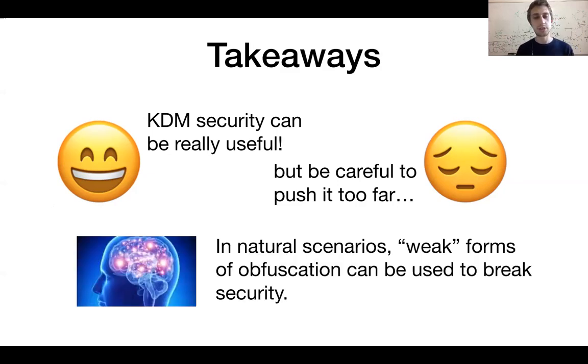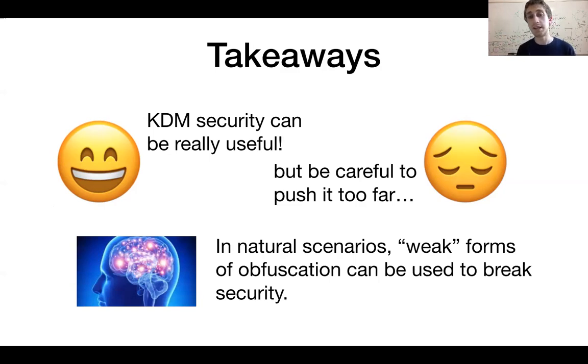And lastly, I want to emphasize that in many natural scenarios, these attacks that involve the presence of auxiliary input, where there might be some obfuscated circuit inside, only need very weak forms of obfuscation, or obfuscation for very simple functionalities, in order to break security of the scheme.